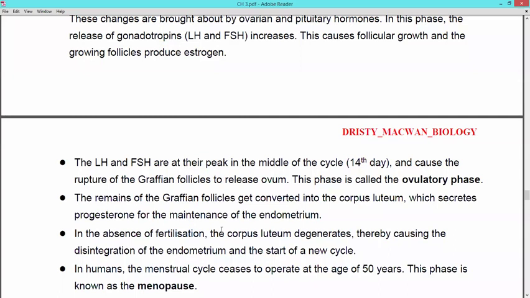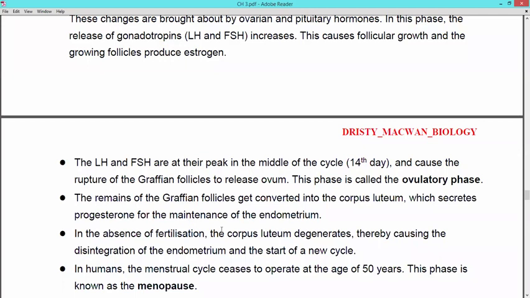On the 14th day, the middle of the cycle, the release of the ovum takes place, and whatever is leftover of the Graafian follicle converts itself into the corpus luteum. This corpus luteum secretes the progesterone hormone, again an ovarian hormone, and this progesterone is maintaining the endometrium and preparing it for the next menstrual cycle.